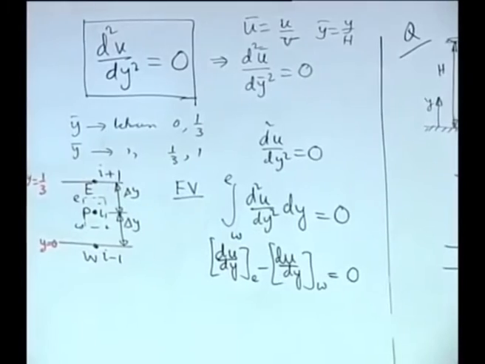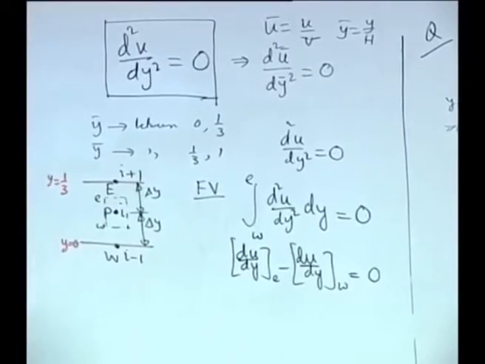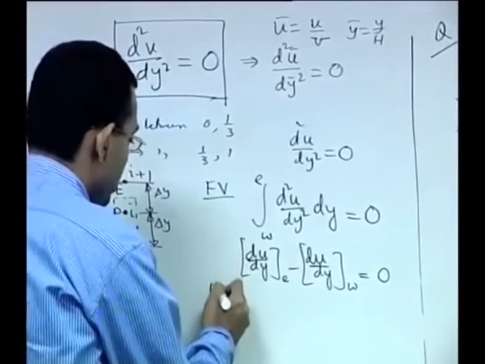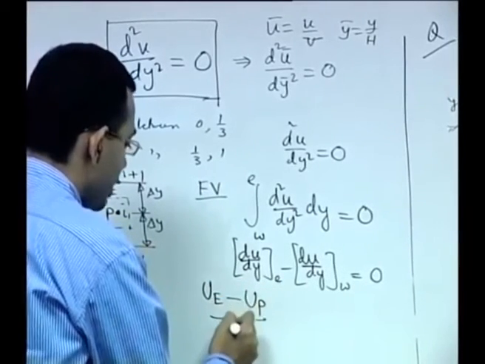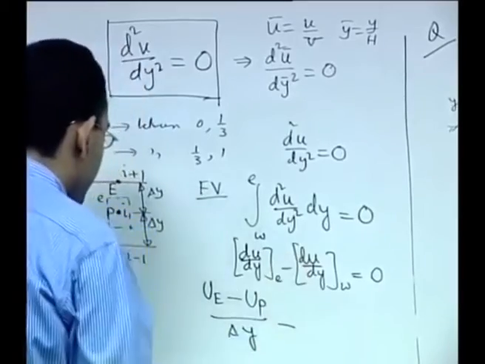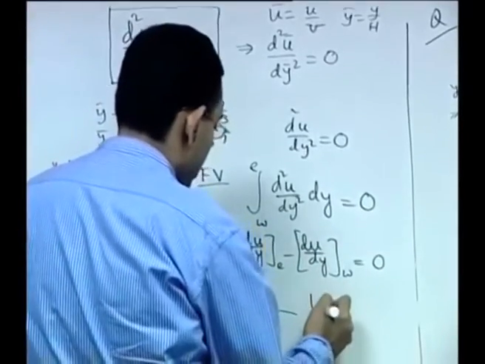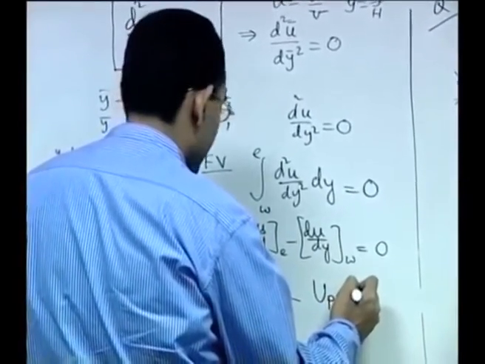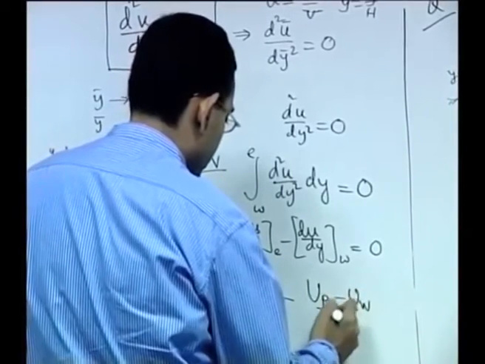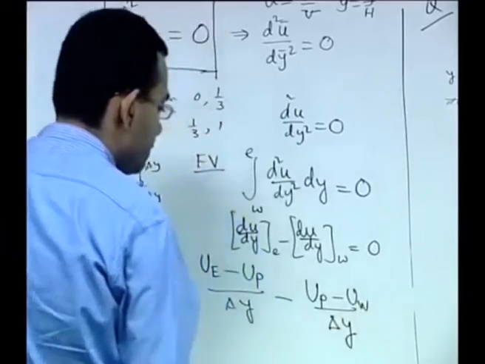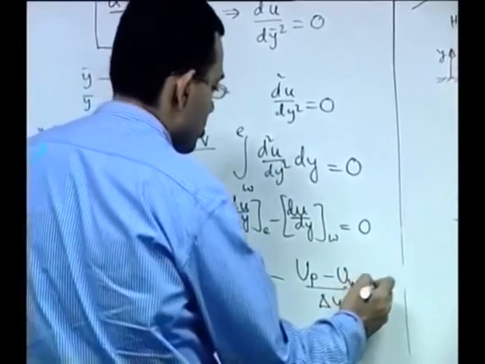If you consider piecewise linear profiles, then this will become (ue minus up) by delta y minus (up minus uw) by delta y is equal to 0.